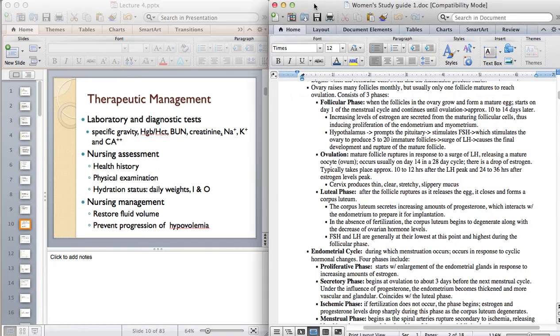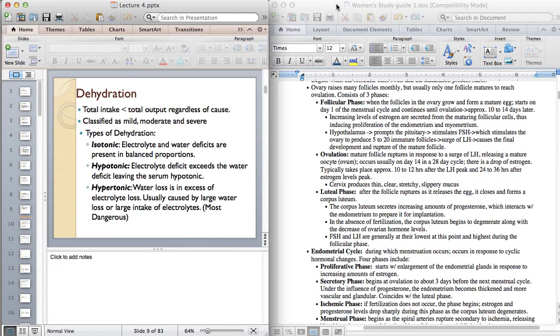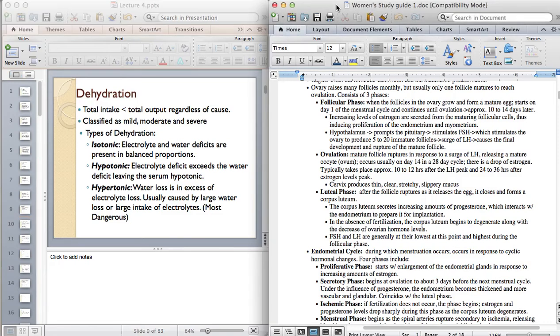Okay, so the first thing I would like to look at here will be the condition dehydration. Dehydration to us is a very important concept that we need to know, to identify it promptly, and to be able to correct it right away.